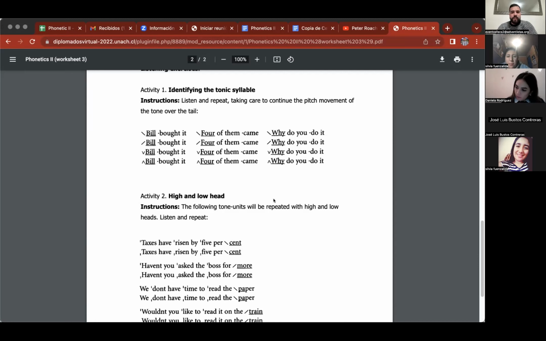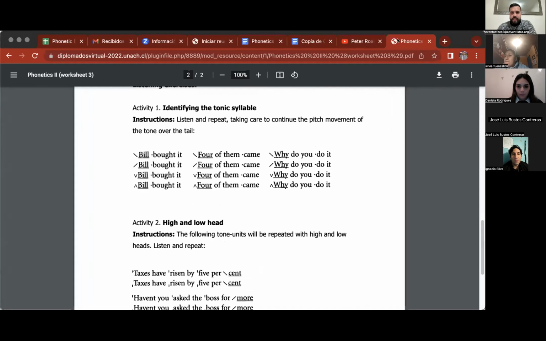In activity 1, you focus on the tail. And in activity 2, you're going to focus on the head. All right, so I'm going to look for the audio so I can play it for you.